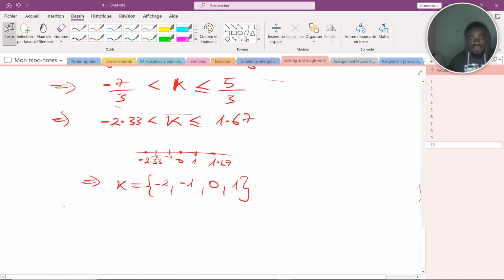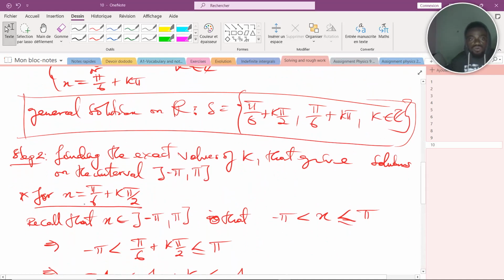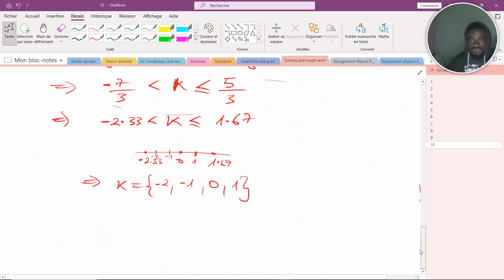So from here, we can even proceed. We know already exactly the values of k we are to substitute. So when k equals -2, let's start.